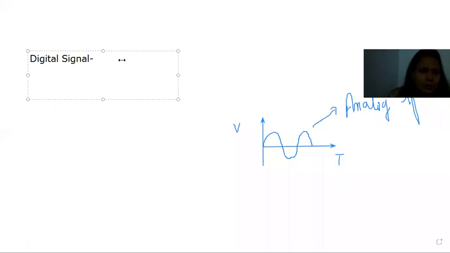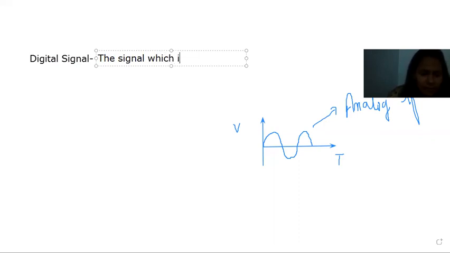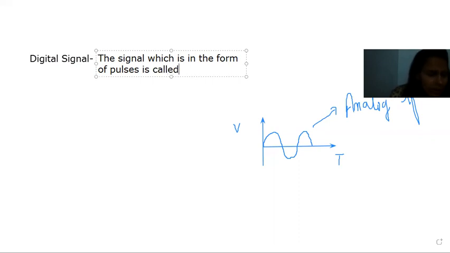So the signal which is in the form of pulses is called digital signal.